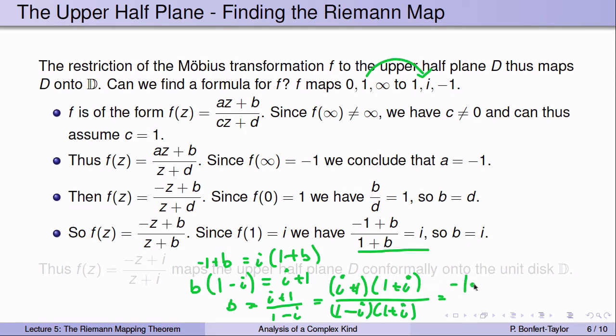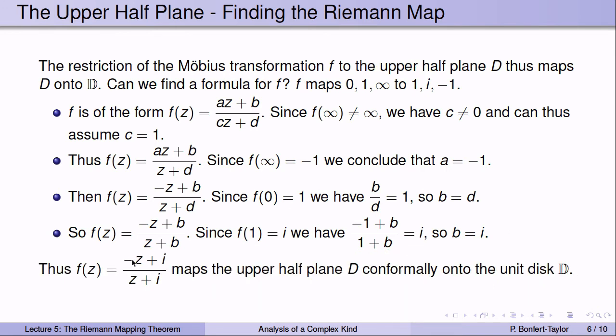I have a 1 times 1, which is 1. And I have 2 I's. On the bottom, I find a 1. I have a minus I squared, which is a +1. And I have a minus I and a plus I, and they cancel each other out. I'm thus left with 2I over 2, and that is I.